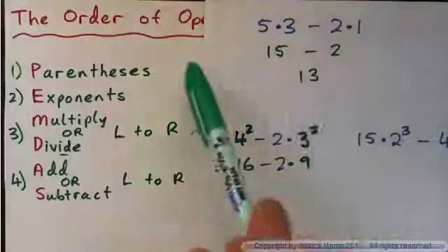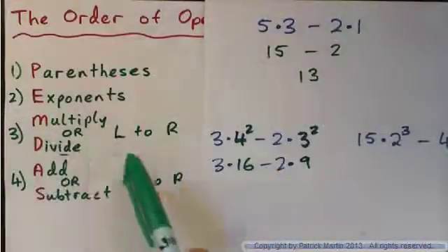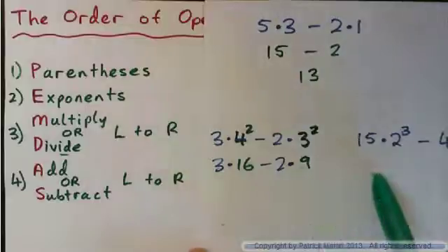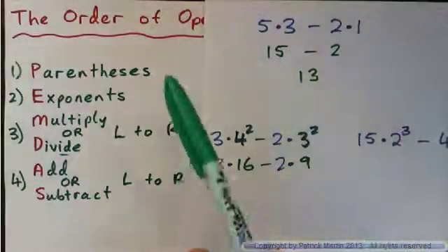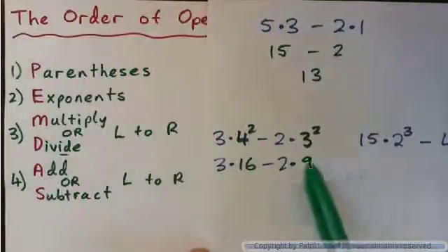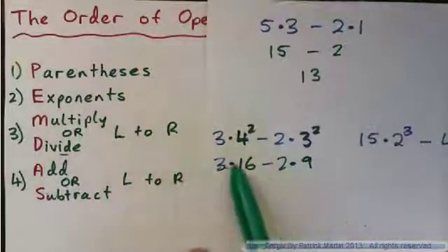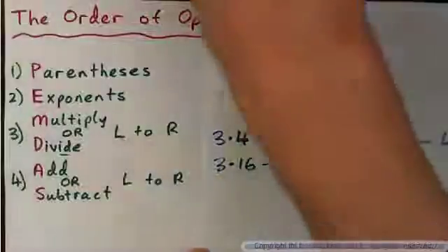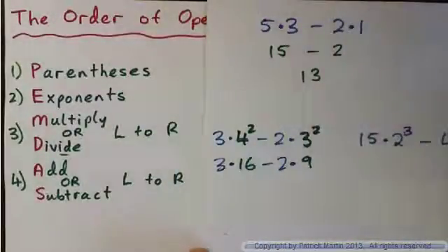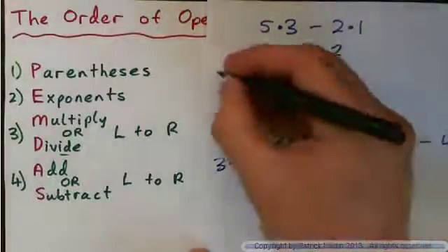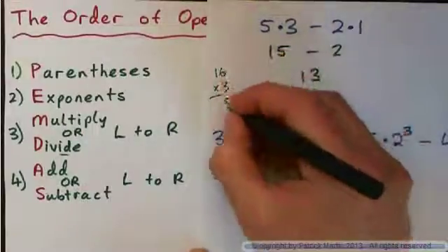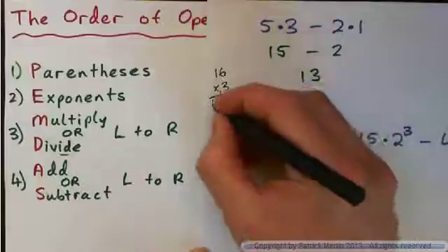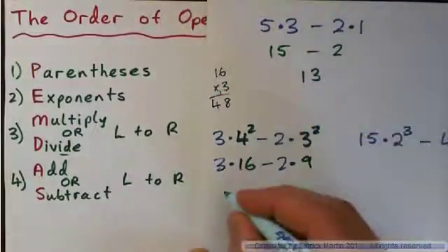Then we come along, we go from left to right and do all the multiplies or divides as they appear, and then do all the adds or subtracts as they appear. Okay. So we do all the multiplies or divisions. So we've got 3 times 16. What's that make? 16 times 3, 3 times 6 is 18, carry the 1, 3 times 1 is 3 and 1 is 4, so that's 48.